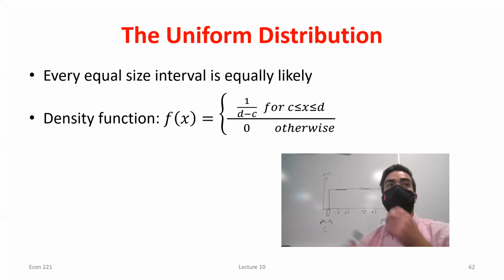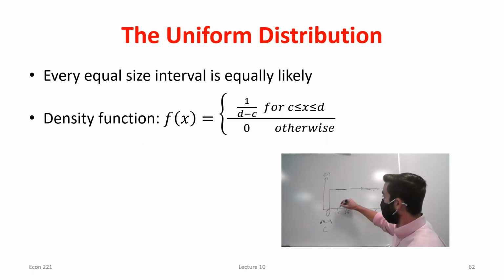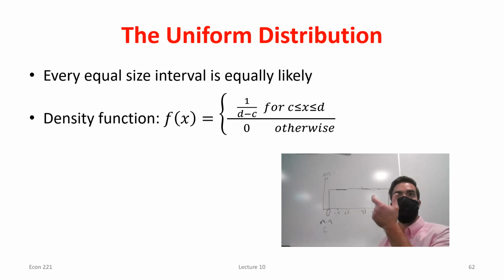If I have 100 possible outcomes, 1 over 100. The 1 over 10 makes sense with these numbers because the probability that I see something between 1.5 and 2.5 is just a block of 1. So we can think about this almost like a discrete case: it's just 1 over n.